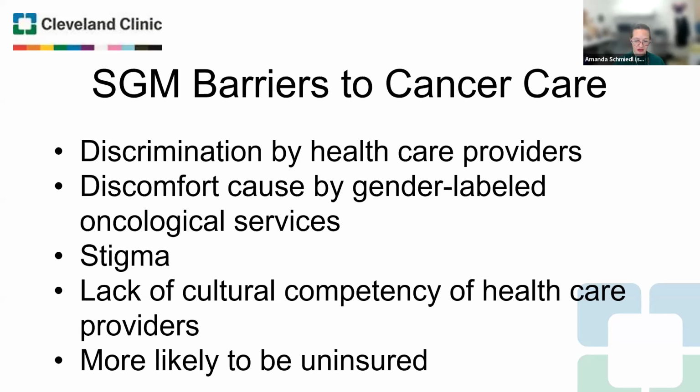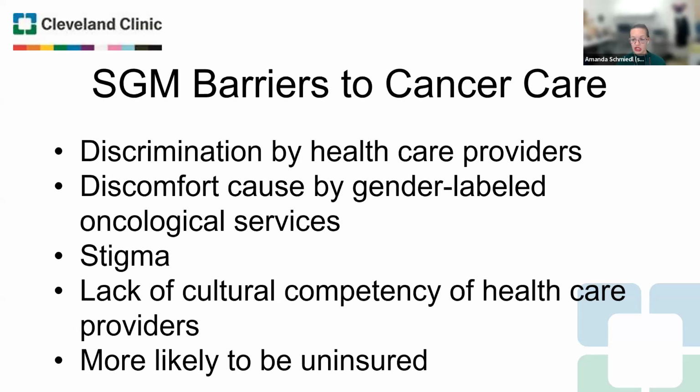And unfortunately, a National Center for Transgender Equality US survey found that 33% of transgender persons in the US reported one or more negative experiences with healthcare providers, which is really unfortunate and hopefully something that is decreased now, given that that survey was about 10 years ago.